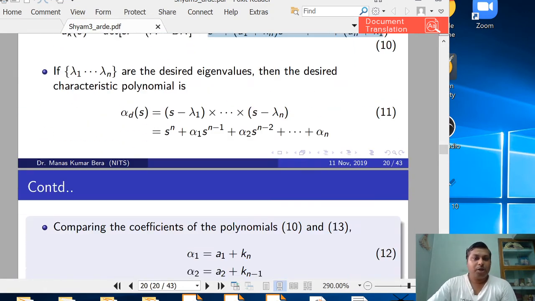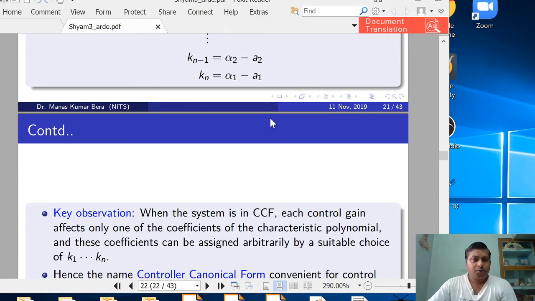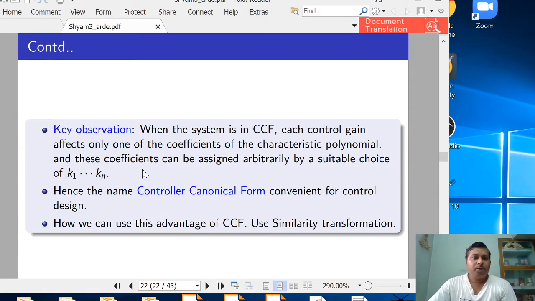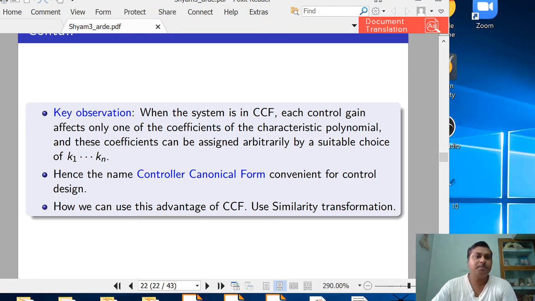Now we will use the similarity transformation to find out the controller gains k1, k2, kn. The key observation is that when the system is in controller canonical form, each control gain affects only one coefficient of the characteristic polynomial.